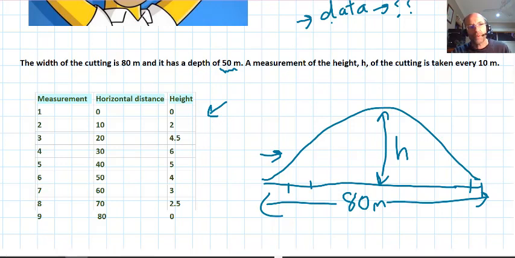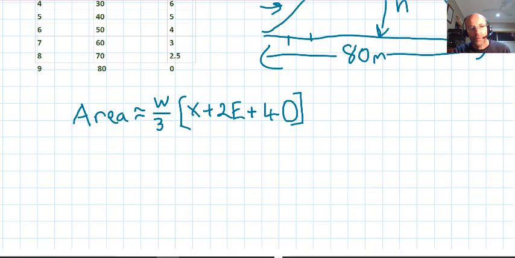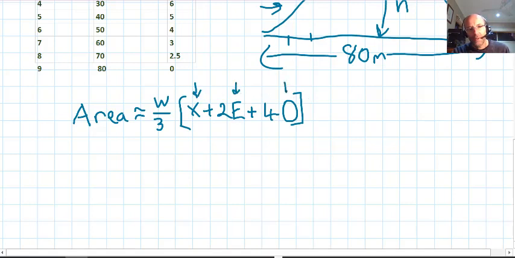And this is what separates this from our previous video. However, we're still going to use Simpson's rule. So the area approximately equals W on 3 outside of x plus 2e plus 4o. I'm using a notation where x is the extremes, so the end values, e is the even values, and o, that's not a 0, that is an O, is the odd ordinate values.